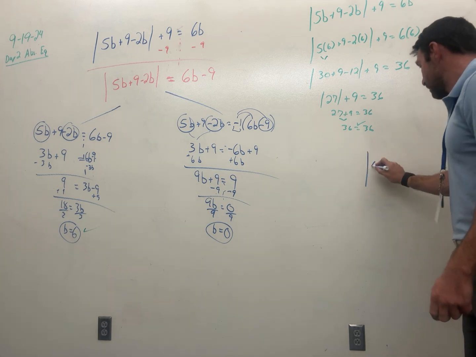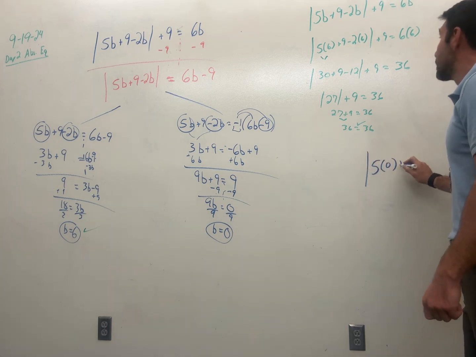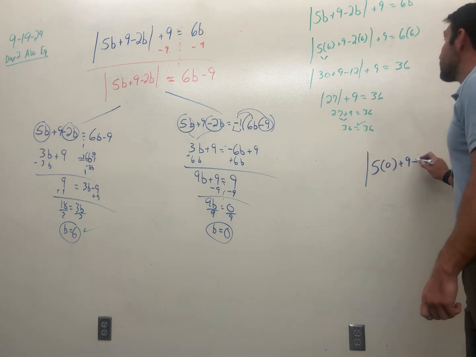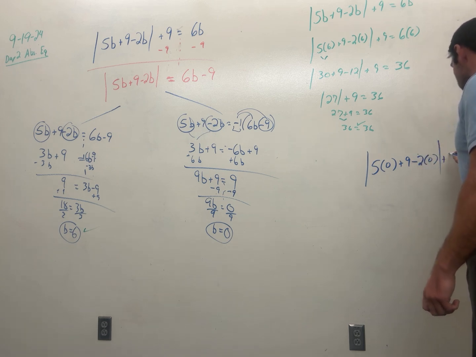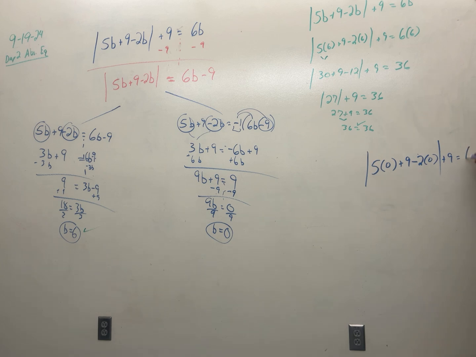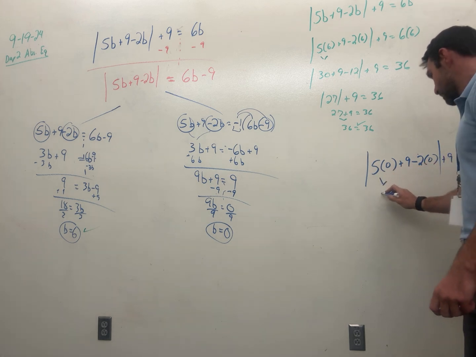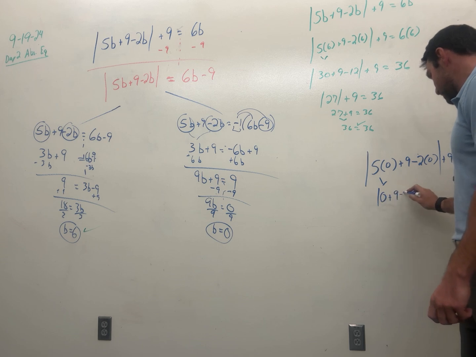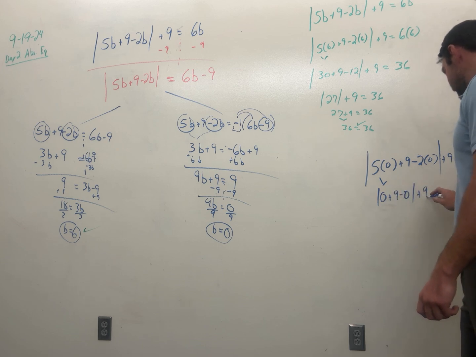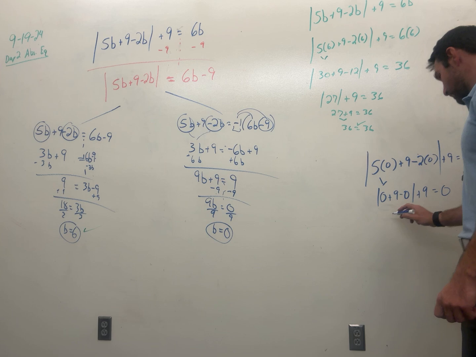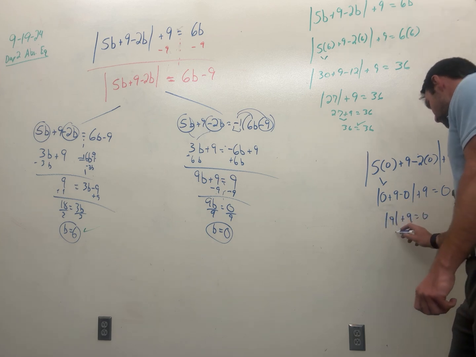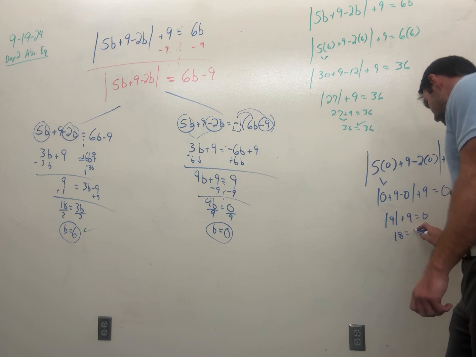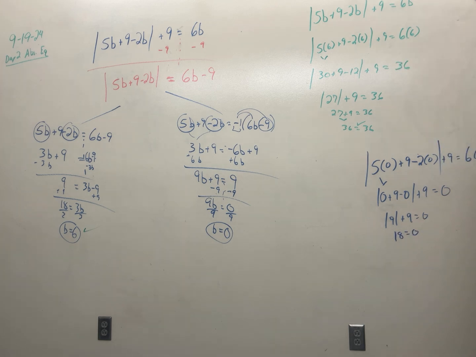So now, 5 multiplied by 0 plus 9 minus 2 multiplied by 0 plus 9 equals 6 multiplied by 0. Okay. 0 plus 9 minus 0 plus 9 equals 0. Well, that's the absolute value of 9 plus 9 equals 0. So that gives me 18 equals 0.